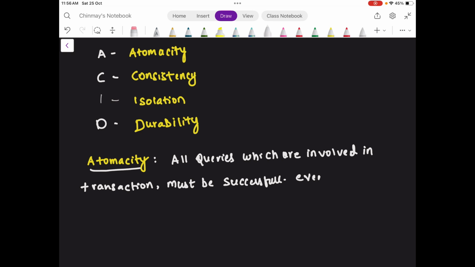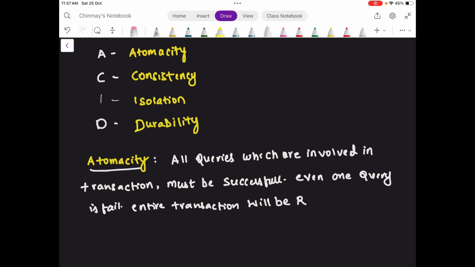If even one query fails, the entire transaction will be rolled back.